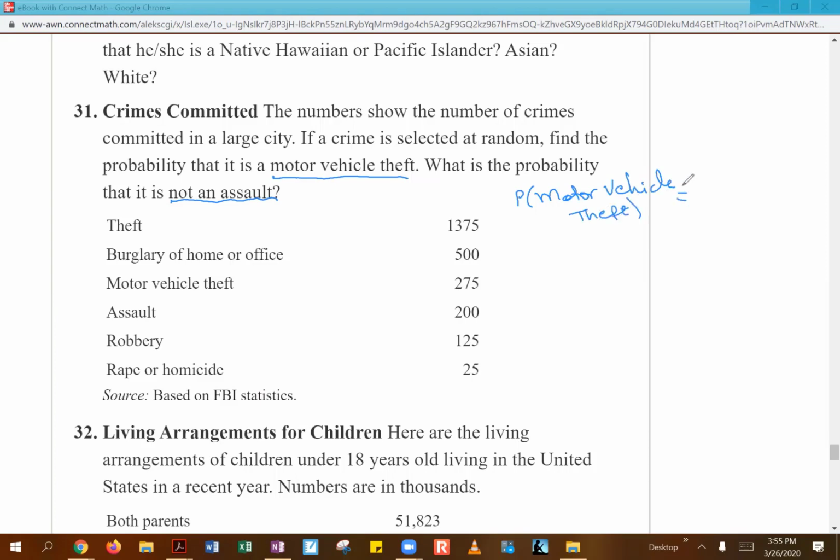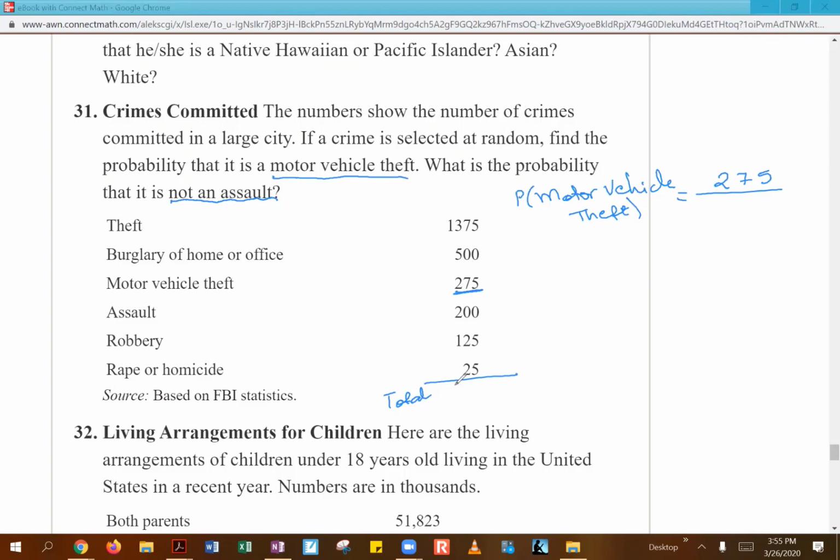Of course, from your table here, you can see motor vehicle theft is at 275. But then what's our total? You actually need to go ahead and calculate the total for all the crimes here. That's going to be 1375 added with 500 plus 275 plus 200 plus 125 and then plus 25.